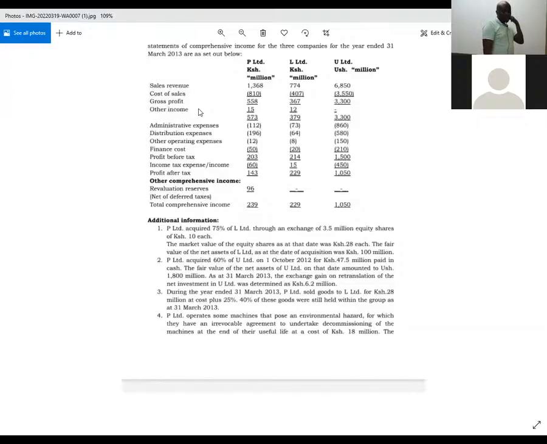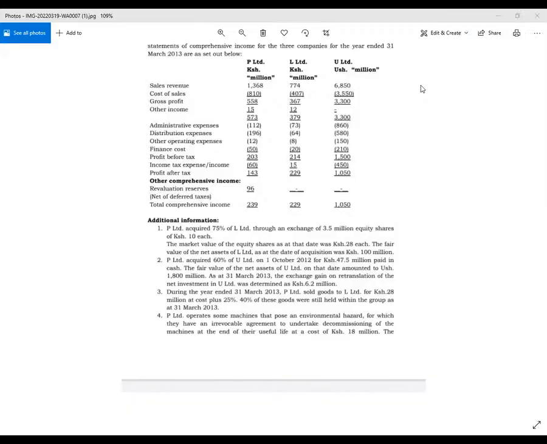Additional information: P Limited acquired 75% of L Limited through a share exchange of 3.5 million equity shares of Kenya shillings 10 each. The market value of the equity shares as at that date was Kenya shillings 28 each.